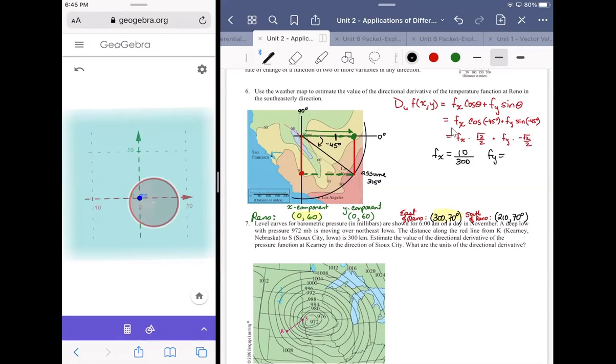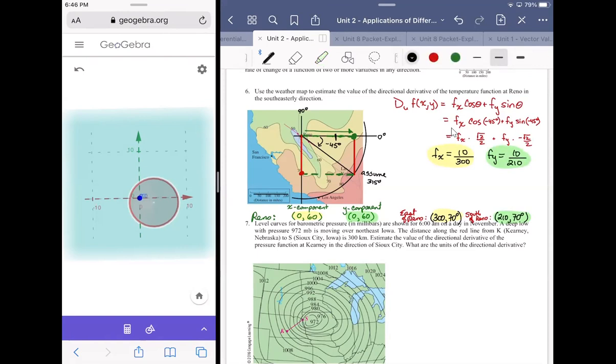F sub y, and so let me highlight that appropriately. That's this one. F sub y is going to be 70 minus 60. So 70 minus 60 is 10, still 10. Over 210 minus 0. So that's related to these values. So we did it a piece at a time, basically.